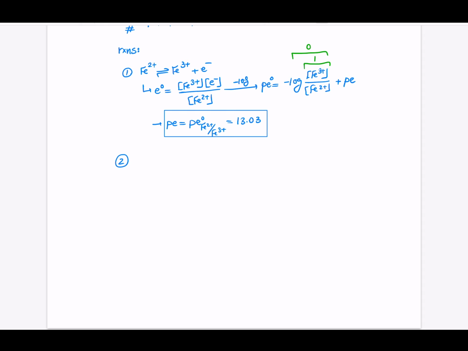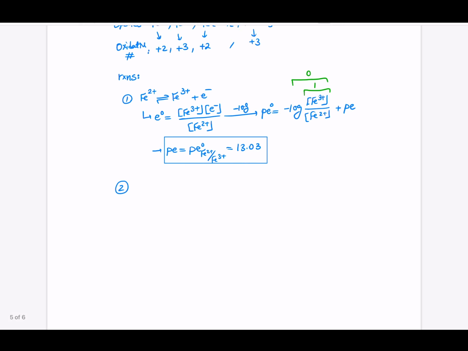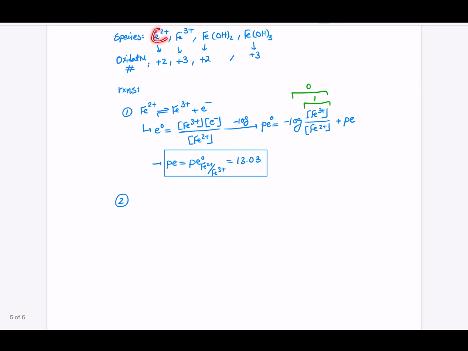Based on the information that is given here, let's work on these two, Fe2+ and FeOH3. As we look at the oxidation number, we expect a redox reaction. So it seems Fe2+ is oxidized to FeOH3 because the oxidation number increased.